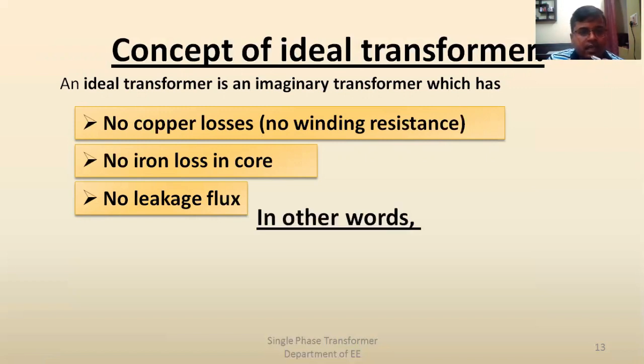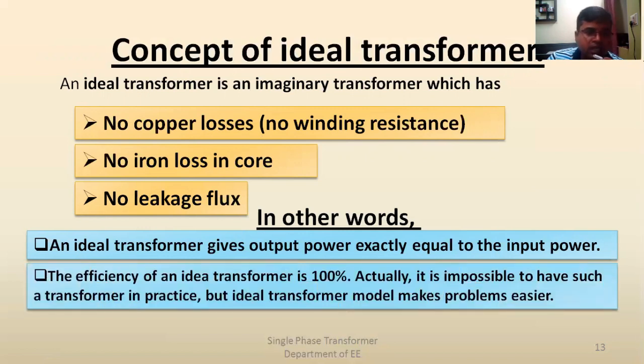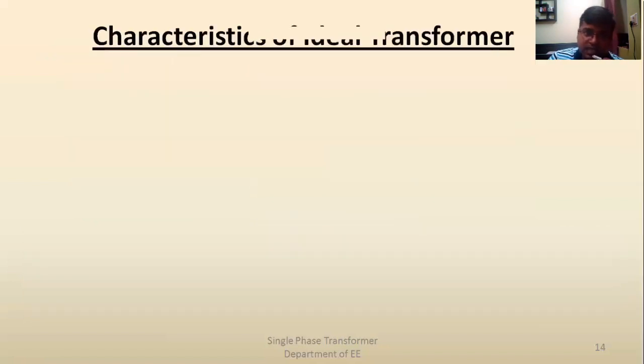In other words, an ideal transformer gives output power exactly equal to the input power, which is not possible exactly in a practical transformer due to certain losses. The second is that the efficiency of an ideal transformer is 100%. Actually, it is impossible to have such a transformer in practice, but the ideal transformer model makes problems easier, as I told you, right?